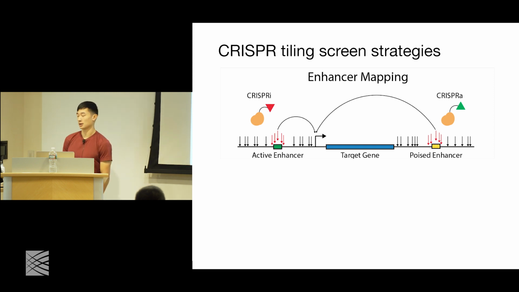Because they have such broad perturbation profiles, guides sitting even a couple hundred base pairs away from functional elements can actually feel the effects of that particular regulatory element. So with CRISPR interference, even if the guide is not sitting exactly on this enhancer, it can feel the effects and read out that function.